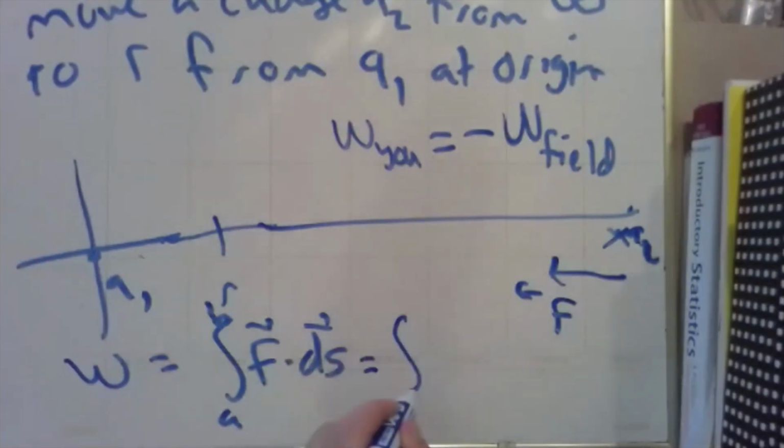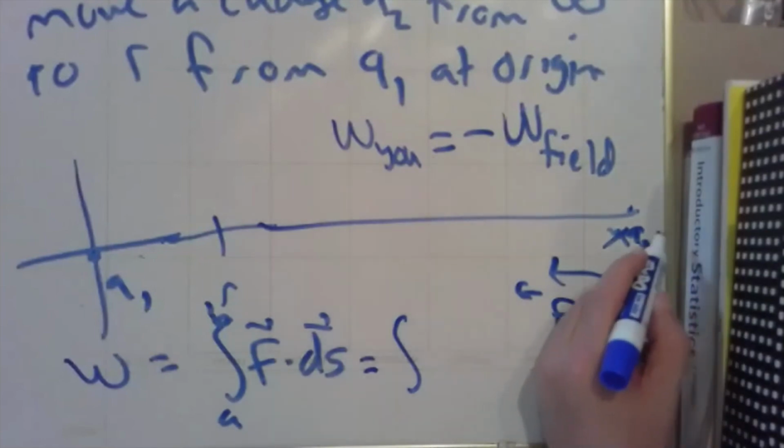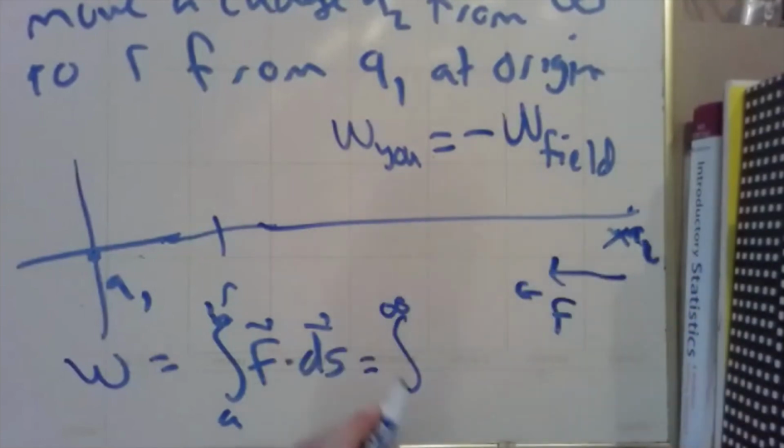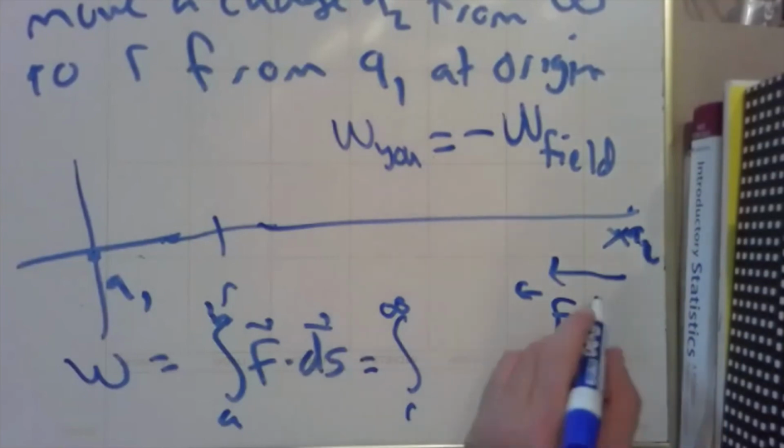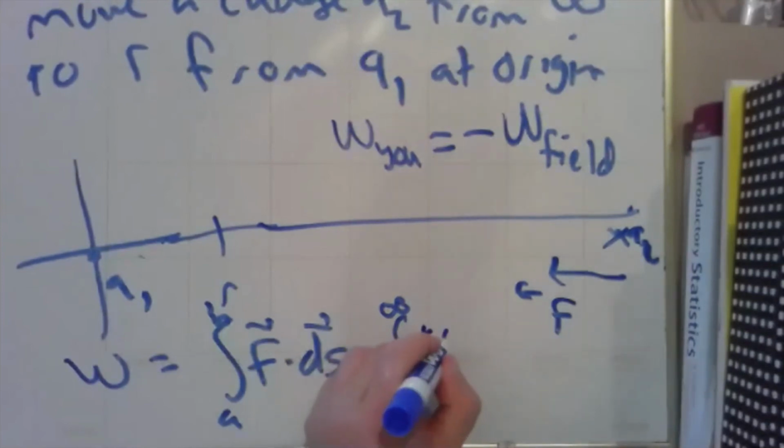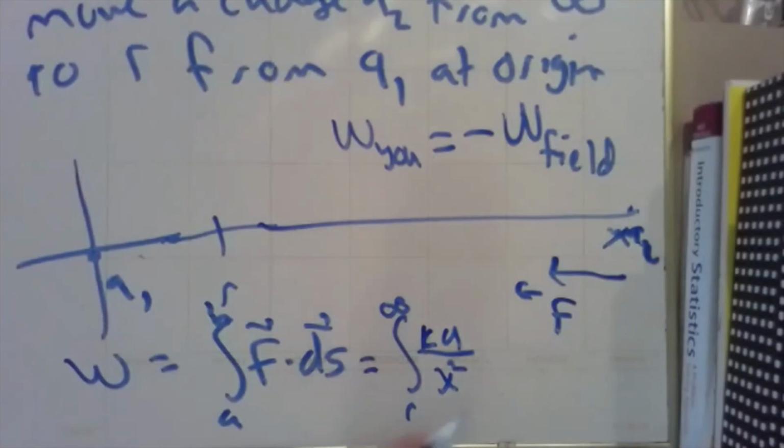And my work will be the integral from infinity all the way out here down to some distance r of the force. How much force is between these two guys? kQ over distance squared, dx. So that's just Coulomb's law there.